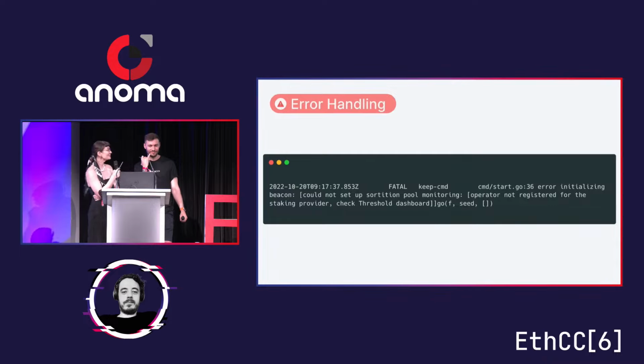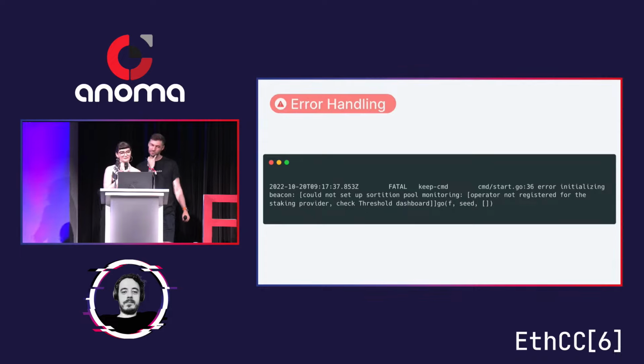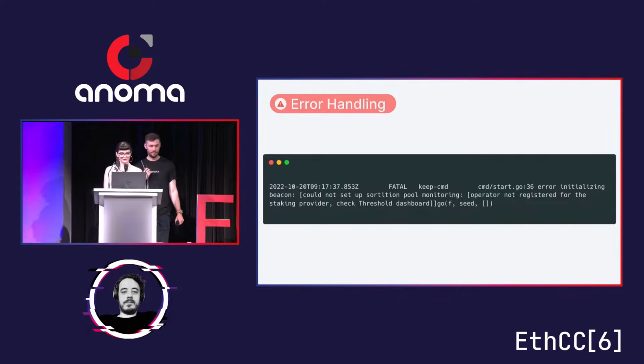Well, I will tell you, this one is better, but it can still be improved. The good parts are that it has a severity grade, it describes what the problem is, you know where the problem originated. However, it doesn't say what address needs to be registered, and it doesn't provide the threshold dashboard link.